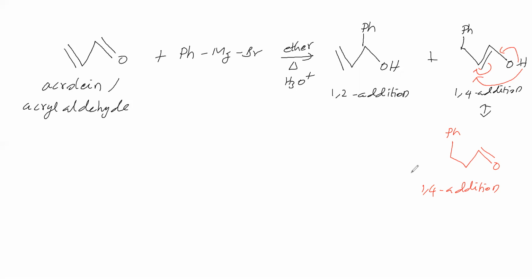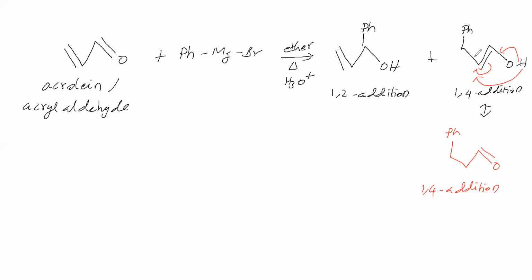Now, 1,2 addition product means here the double bond is there. This double bond can go for hyperconjugation with this alpha carbon, which has one nitrogen with one alpha hydrogen. Now we will see here. This double bond is also going for hyperconjugation with this carbon, which has two hydrogens.